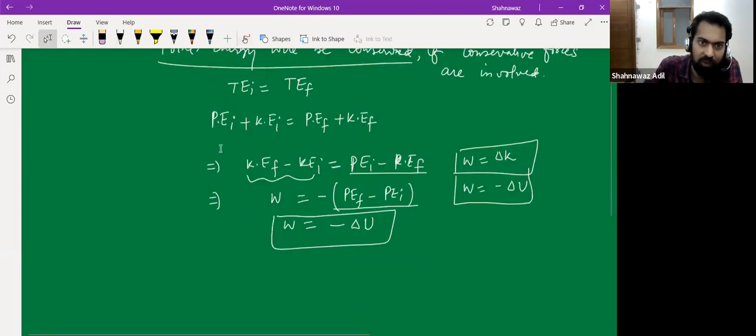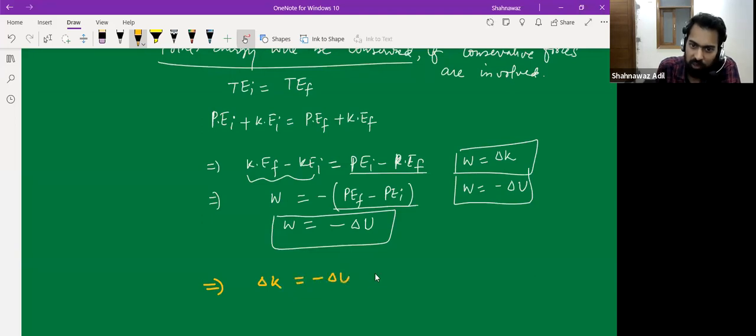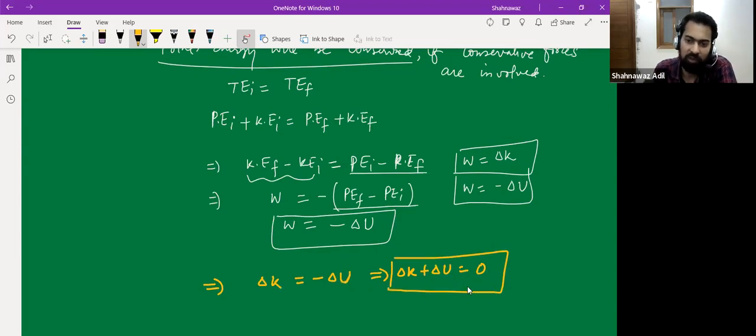So what I was going to tell is that if you have a conservative force, then this is delta K minus delta U. So this is delta K plus delta U is 0 for conservative forces, right?